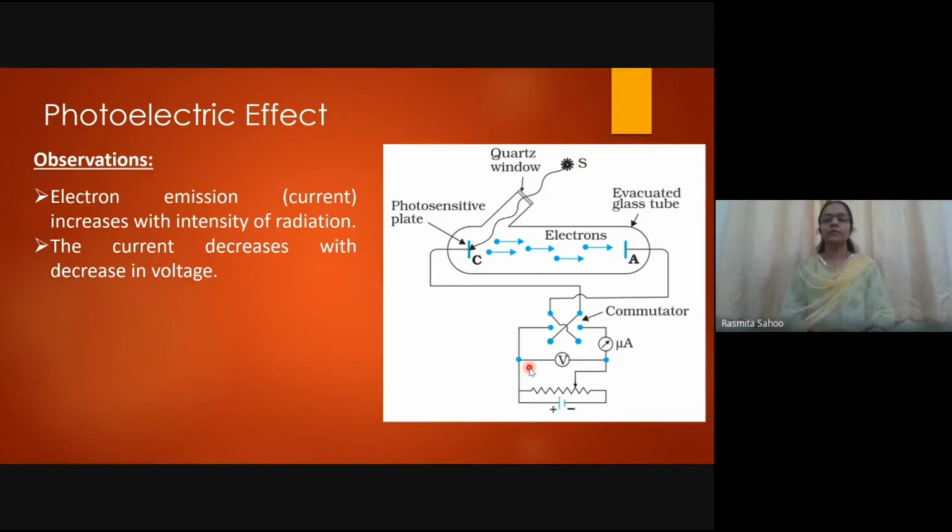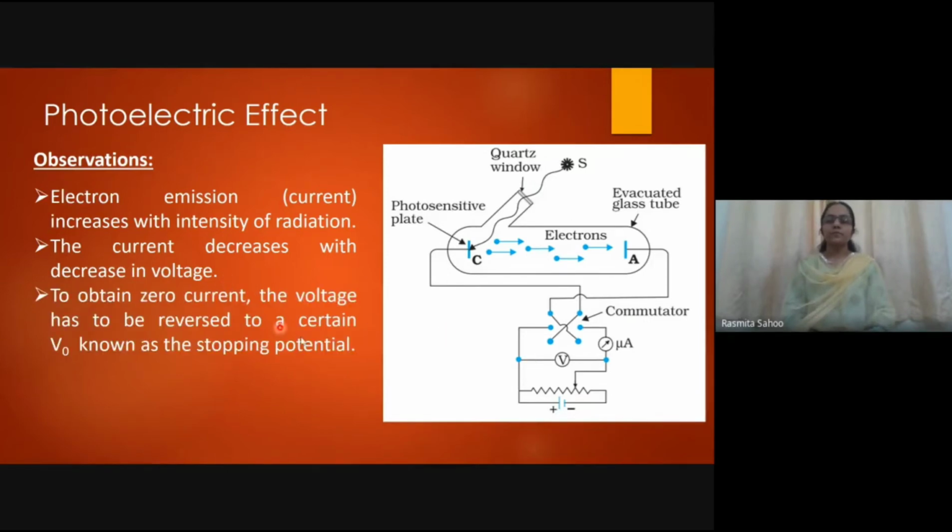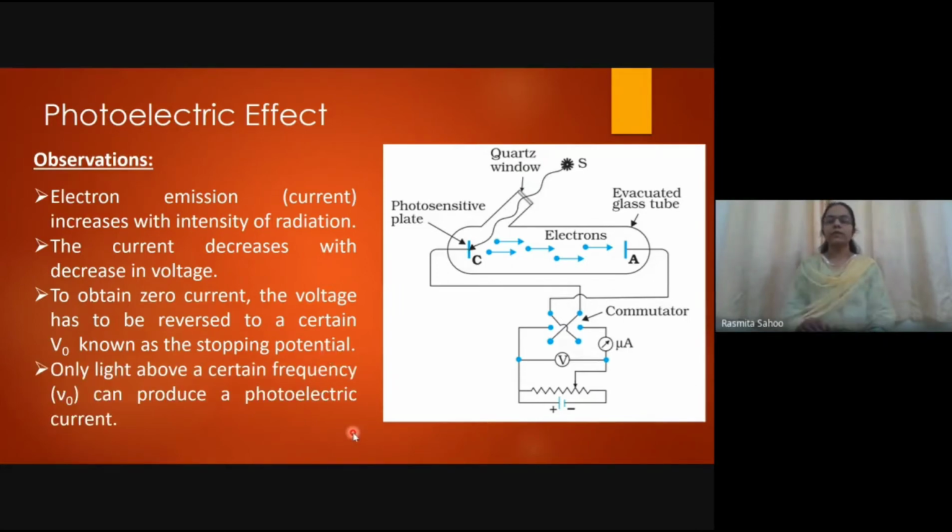Then, as they kept decreasing the voltage, they tried to see when the current becomes zero. They found that the current becomes zero at a reverse potential, and that potential they named the stopping potential.